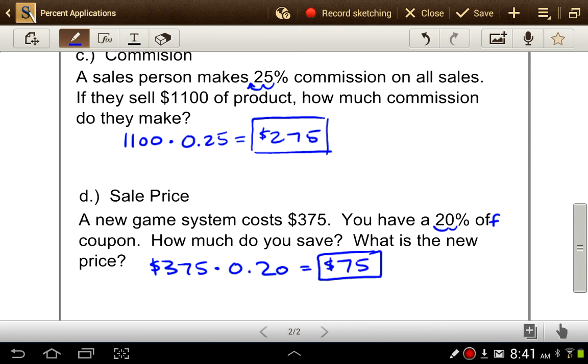Okay, so what is the new price of the item? In this case, the original price of the item was $375. Since I'm saving $75, I'm going to subtract that $75 because I'm not tacking it on to my price. I'm taking it off my price, and that's going to give me a final answer of $300. So I would only have to pay $300.